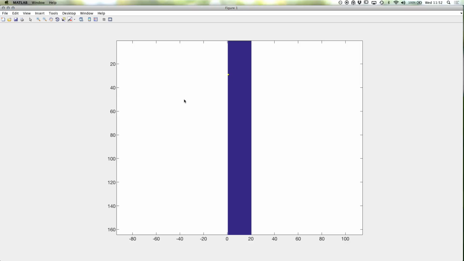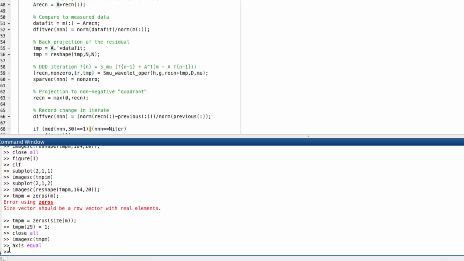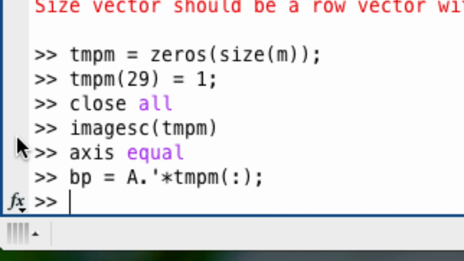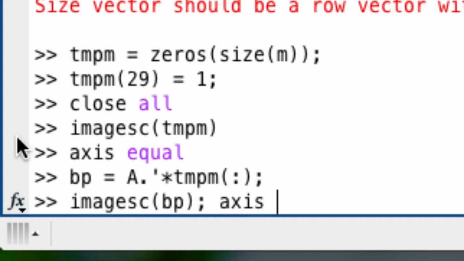Let me back project this, meaning I will multiply. So back projection: I say that is A transpose times this weird sinogram I made. So let's see what back projection is. Let's make axis equal.